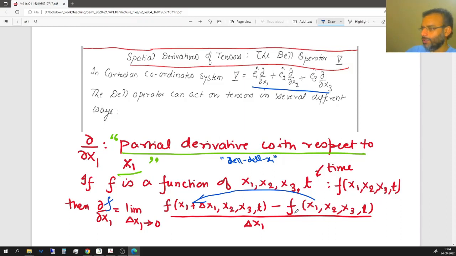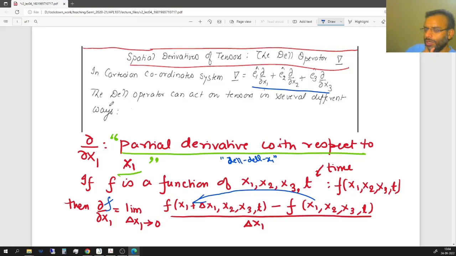The first value is at the reference point x1, x2, x3, time t, but the second value is at x1 plus delta x1, while the other independent variables are held constant. So this is what we mean by partial derivative of f with respect to x1, and I will refer to this quantity as del f del x1 sometimes.